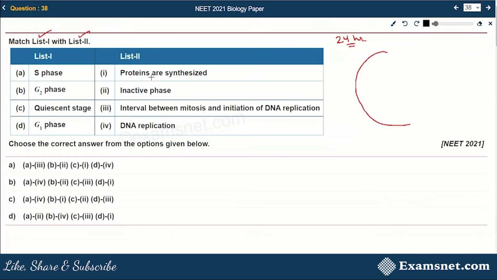But a normal cell cycle consists of two main phases. The first one is M phase, during which the actual cell division or mitosis takes place. So let's shade this area. And the rest of the duration includes 95% of the total duration, and it is the interphase.